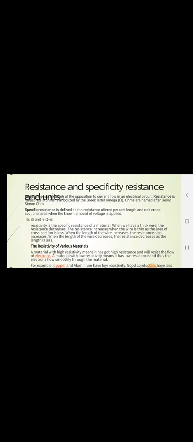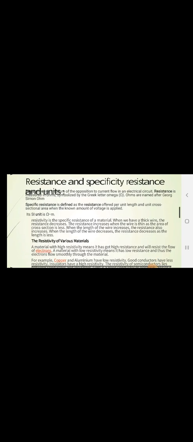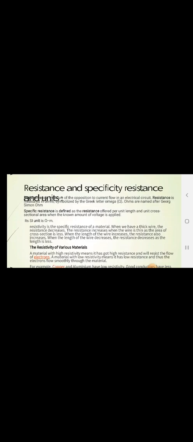Now, specific resistance. Specific resistance is defined as the resistance offered for a unit length and unit cross sectional area when a known amount of voltage is applied. For example, R is directly proportional to length. If the length increases, then automatically resistance also increases. Then resistance is directly proportional to length and inversely proportional to area.